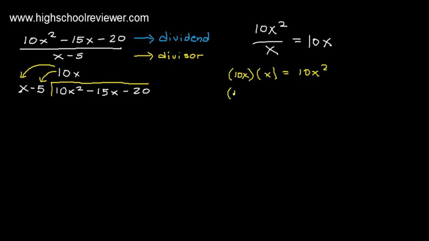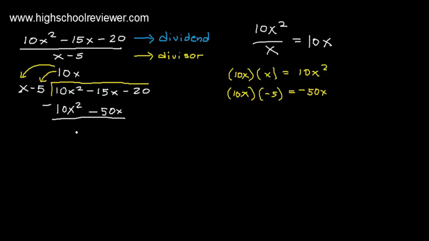And then we have 10x multiplied by negative 5, this will be equal to negative 50x. We are going to put 10x squared on the same column as 10x squared, and then put negative 50x on the same column as negative 15x. And then subtract.